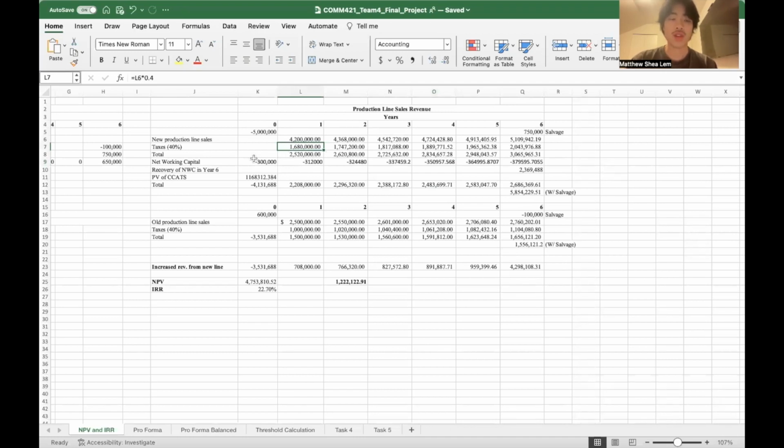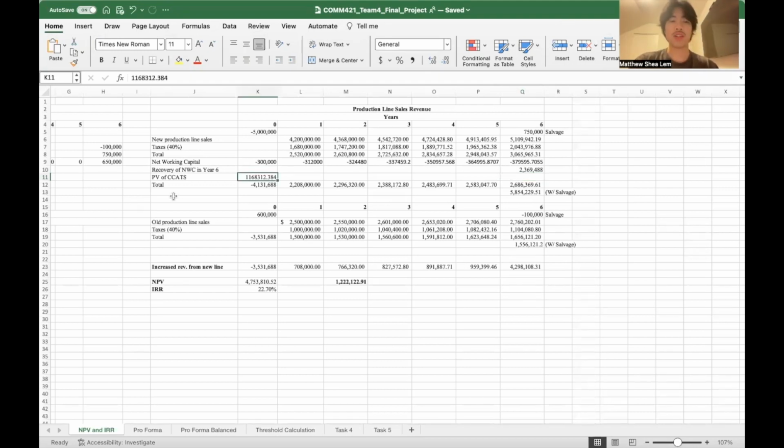Finally, we added a $300,000 net working capital cost to year 0, and then subsequent net working capital costs each year that grew 4% annually until year 6. In the final year, we calculated the recovery of net working capital, which was $2,369,488, which we added to the end of year 6.